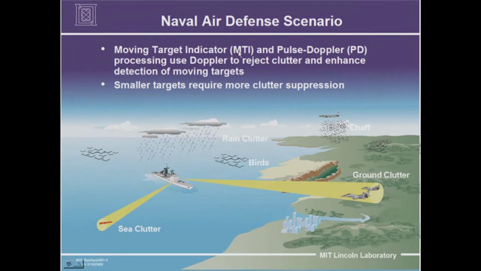Moving target indicator, MTI techniques, and pulse Doppler processing techniques use the Doppler effect to reject clutter. That's the fact that all of these different phenomena have some motion relative to the ground, pretty much always. And in the case of ground clutter that doesn't have motion relative to the ground, we're going to notch out the clutter.